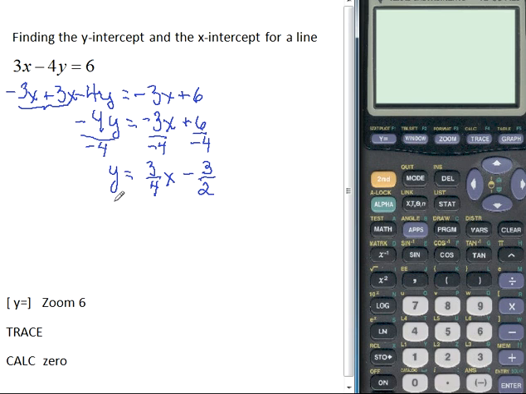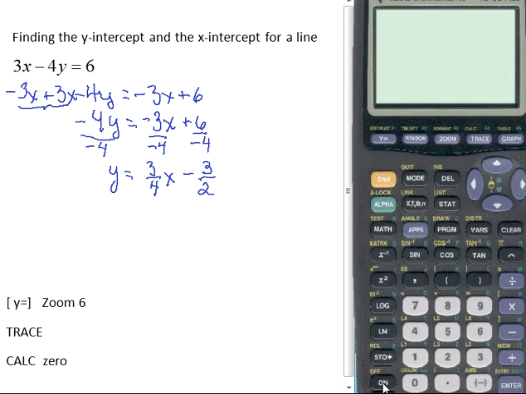But we'll go ahead and graph this, and then we'll check our resulting intercepts to make sure they really are solutions to the equation, and that will make sure that you haven't made a mistake in getting your y equals.